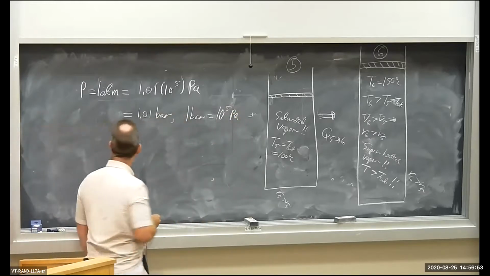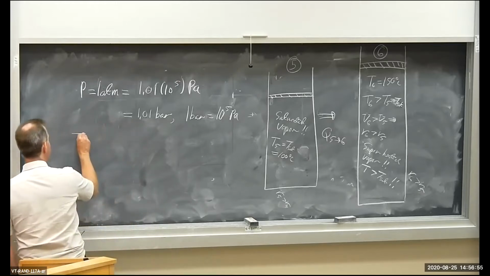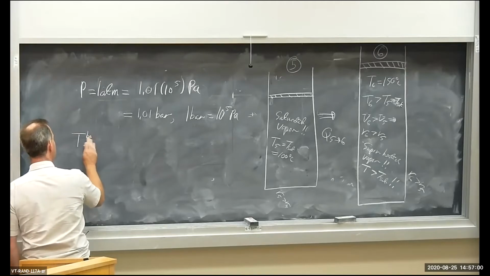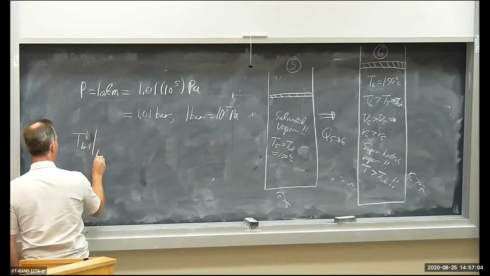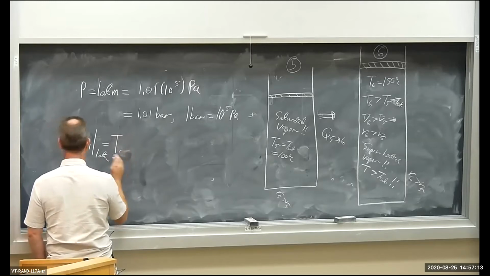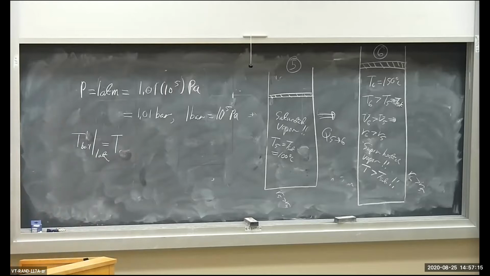Okay, so let's find out the temperature T boil, the boiling temperature at 1 atm. If you like, T sat. I guess I use the superscript here. I forgot whether I use superscript or subscript.